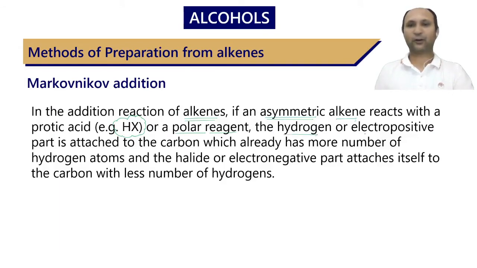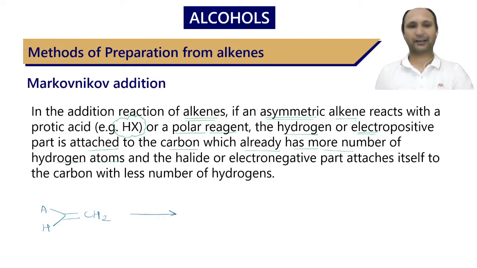The hydrogen or the electropositive part of our reactant will be attached to the carbon which already has more number of hydrogen atoms. So let us draw our reactant here, that is our alkene from the previous slide, that is this structure.